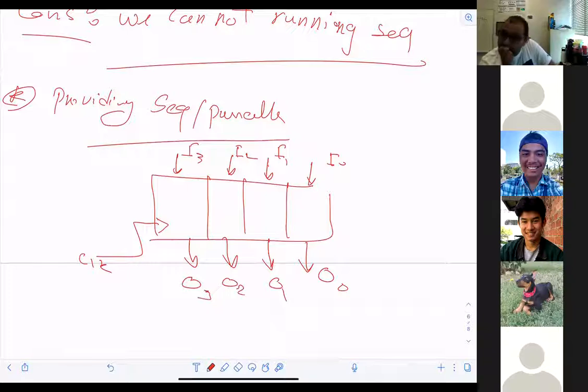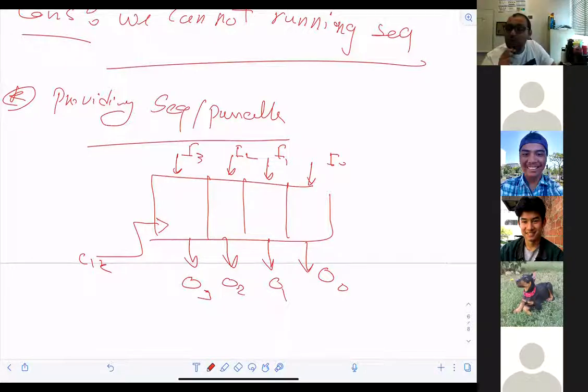You agree? That's called 4-bit parallel in, parallel out.